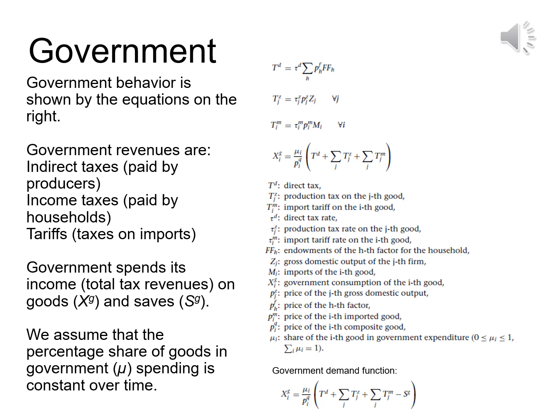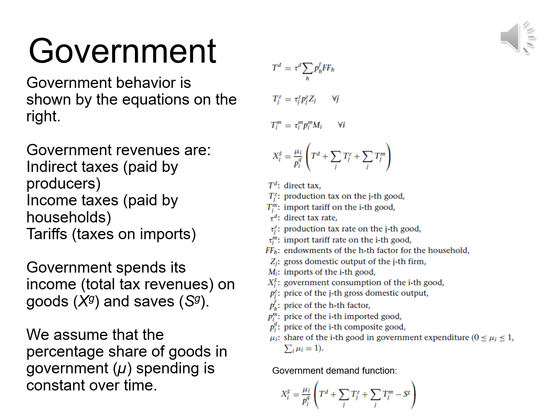And what we assume here is that the composition of government spending is a constant. For example, if the government is spending 20% of its total spending on bread, it is always 20% anytime, and the remaining 80% will be on the other product.